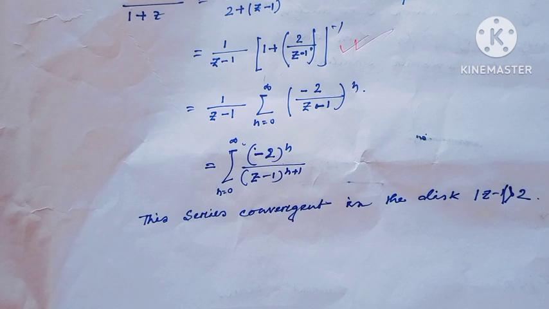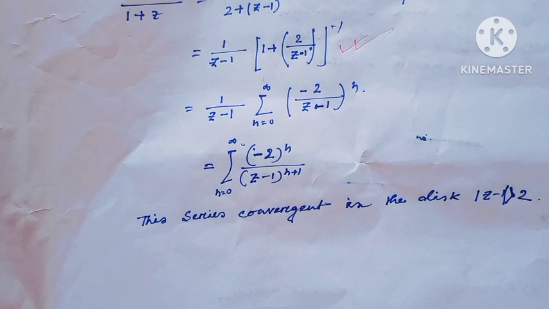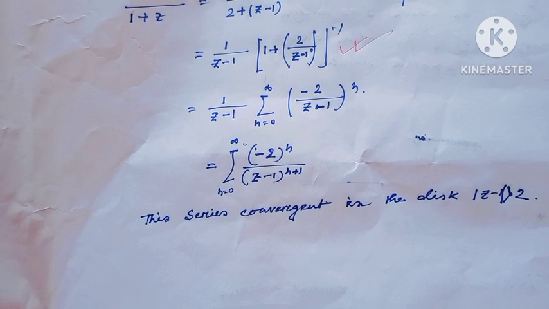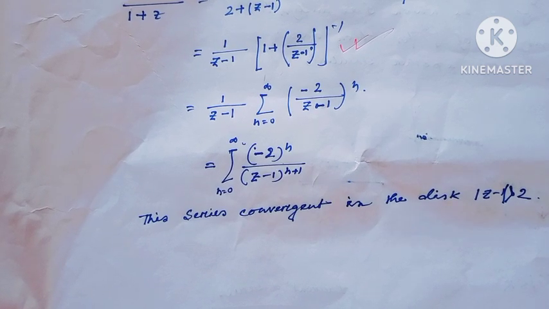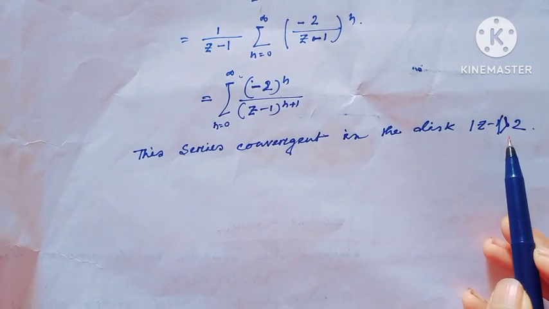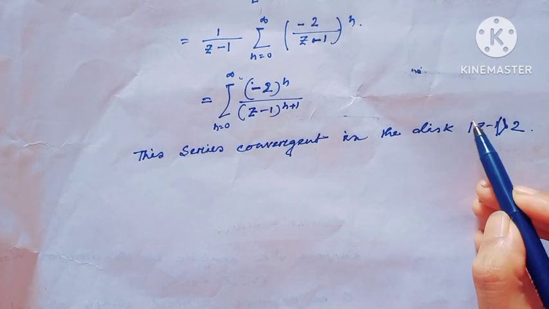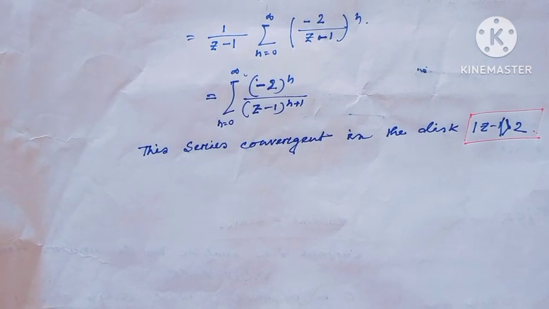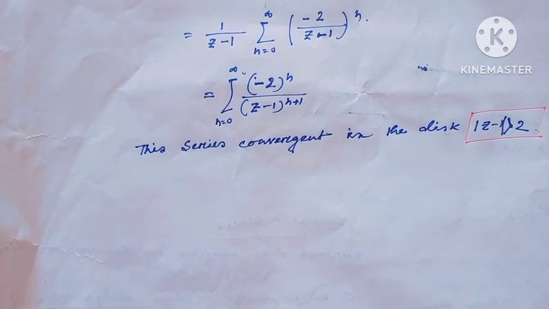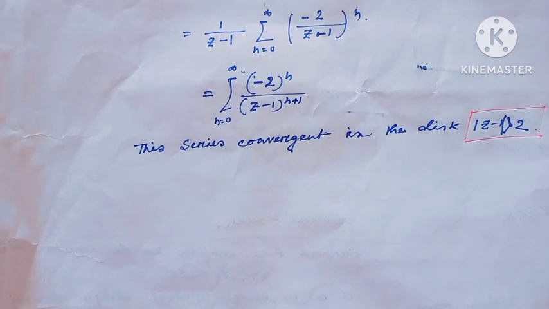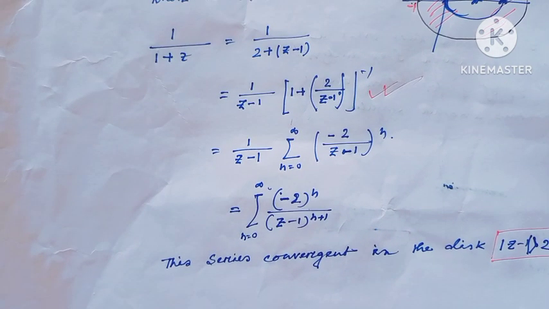This equals the sum n equal to 0 to infinity of (minus 2) to the power n over (z minus 1) to the power n plus 1. The series is convergent when the absolute value of z minus 1 is strictly greater than 2. In this region the series is convergent.